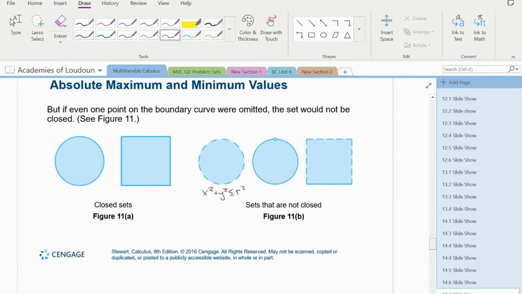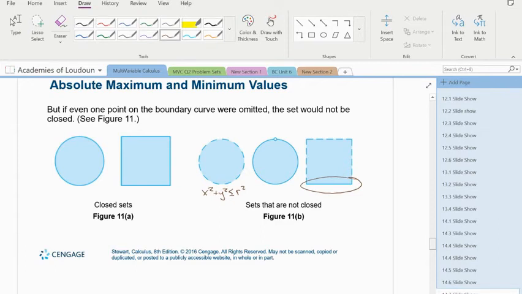The second circle is just leaving out one point, and then notice that this line here on this square is solid while the remaining ones are dotted. So a bounded set in R² is one that is contained within some disk. In other words, that boundary is going to be finite in extent.